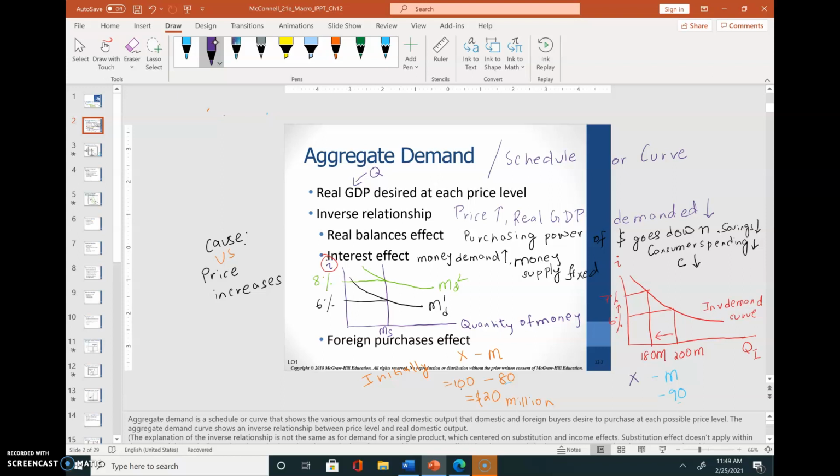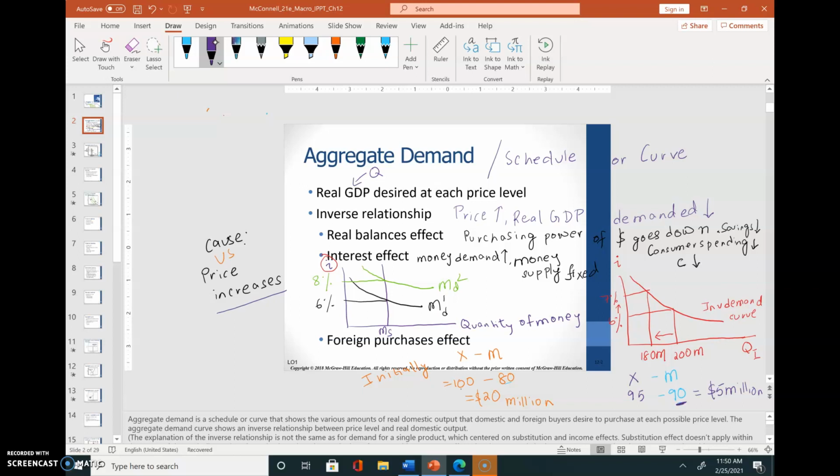Now look at this export part. This means the US is going to export less to other countries. So basically this net exports went down from $20 million to $5 million only because prices have gone up in the US and US imports went up.